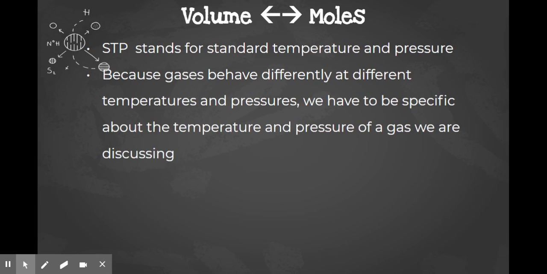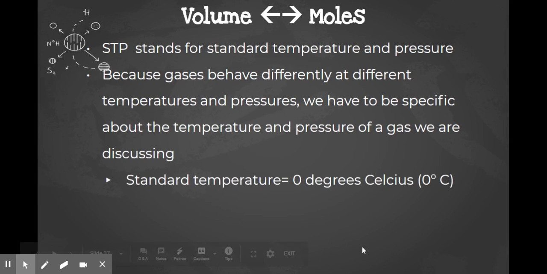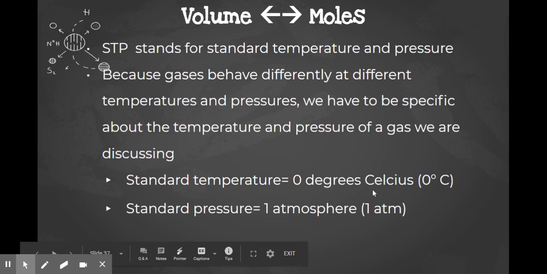It's real important, like it says here in this paragraph, that we are specific about that because it will make a difference in the problems that we do. So that is really important. Standard temperature is equal to 0 degrees Celsius. So anytime you see standard temperature, that's what it is. And standard pressure is 1 atmosphere. We'll pick those because they're basically easy to do the math with, right? So it's a good starting point.